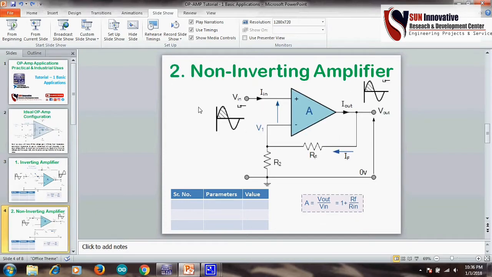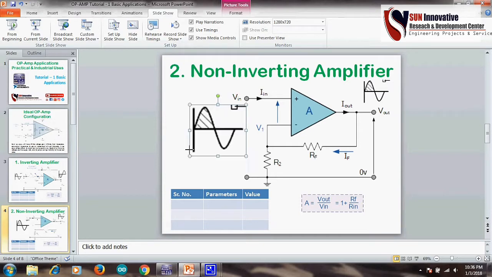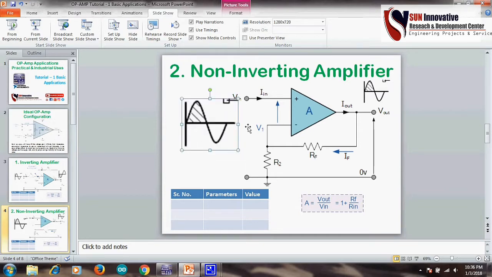Now next is the non-inverting amplifier. In this non-inverting amplifier, suppose this is the input signal and the output signal is the same, but you can change the magnitude of the output voltage or signal, whether it is DC or AC. This is the feedback resistance, and R2 is the input resistance of the non-inverting amplifier.